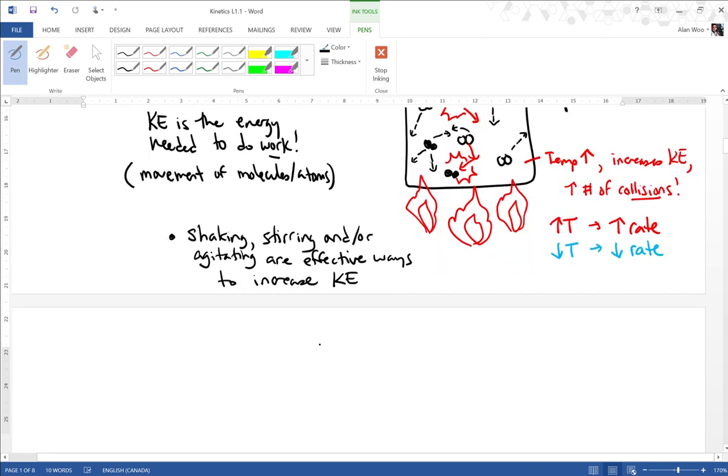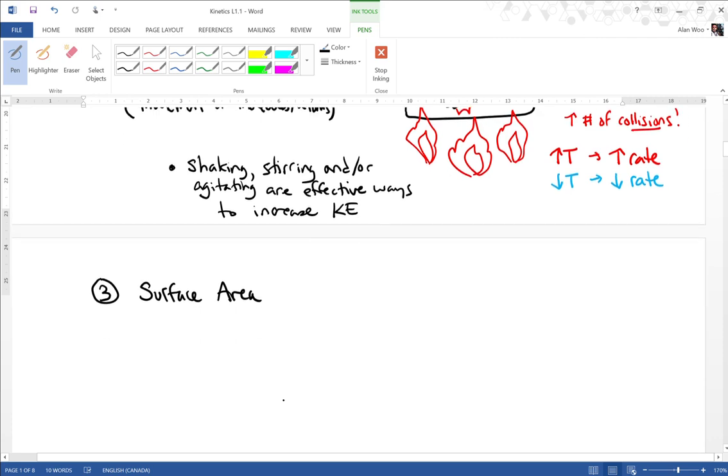The next one that I have planned for you guys is called surface area. And most people don't define surface area very easily, because you're not supposed to use the word surface or area in the definition, but this is how a chemist would define surface area.